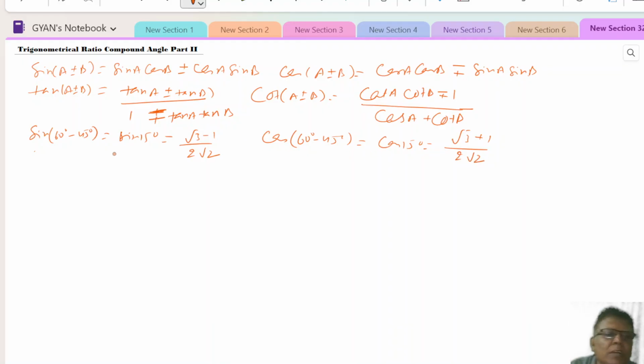By using all these formulas, we'll derive the next set of formulas, that is sin 2 theta.